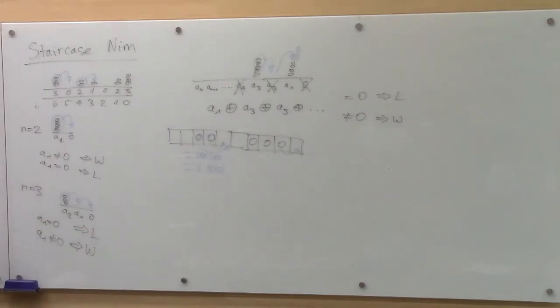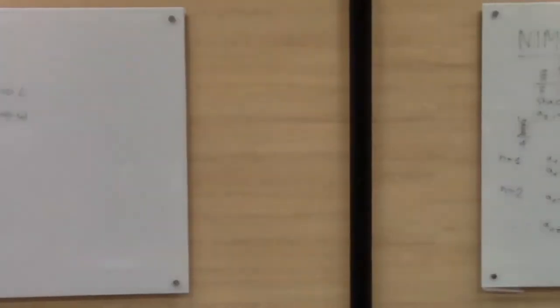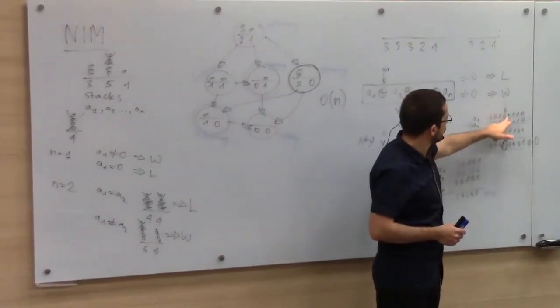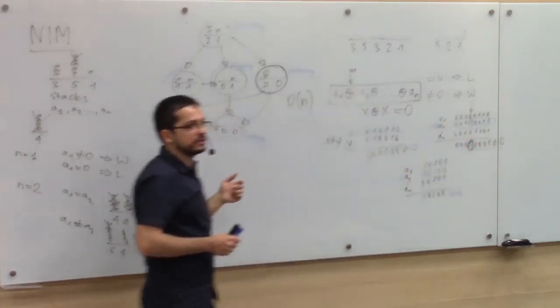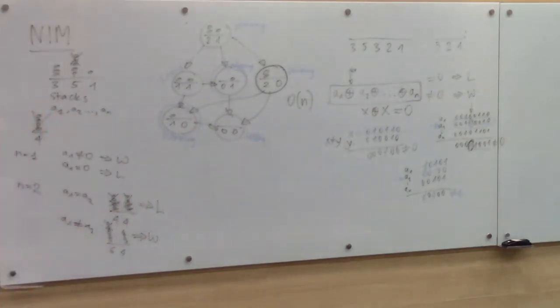One interesting thing to notice about Nim is that if we want to calculate the number of winning moves in Nim, it's always an odd number, because when calculating the winning move, we were finding the highest bit which is set here, and it turns out that the number of ones in this column is odd, so we have an odd number of stacks from which we can remove some coins to get the winning move. So this is like a side note.